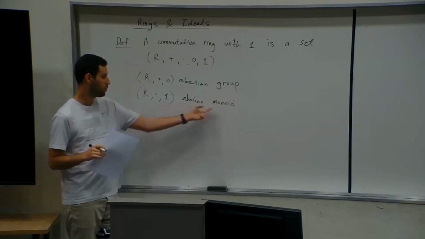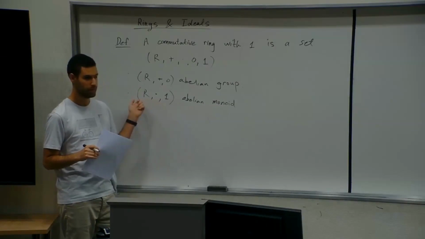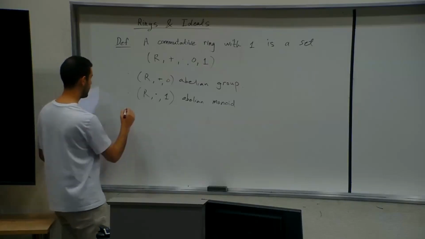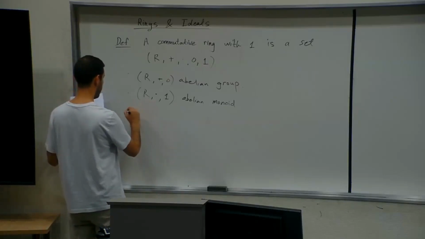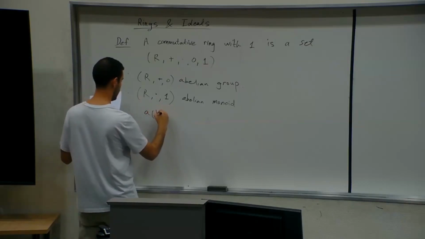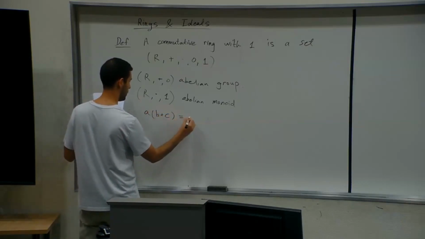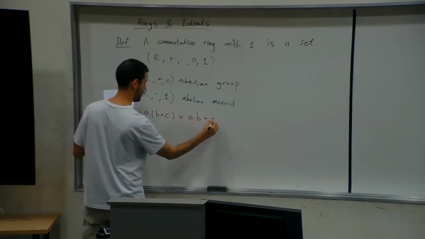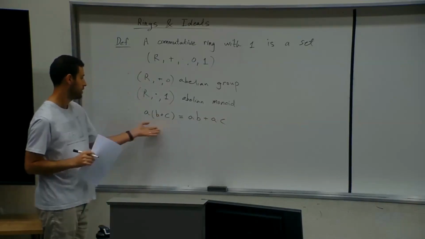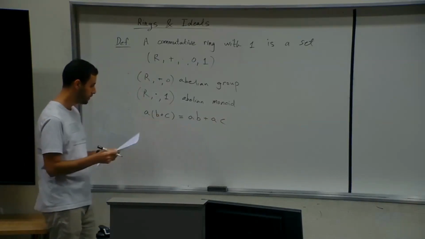So almost a group, but not all the elements are units, not invertible, right? And where the multiplication is distributive over the addition. This holds for every a, b, and c in the ring.